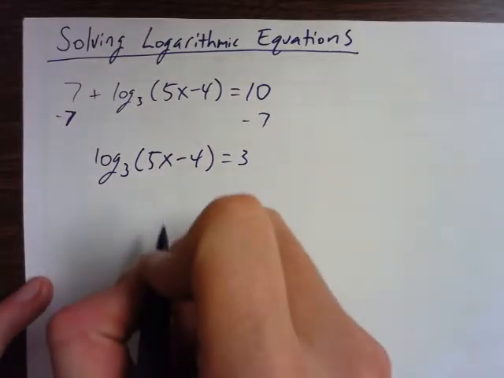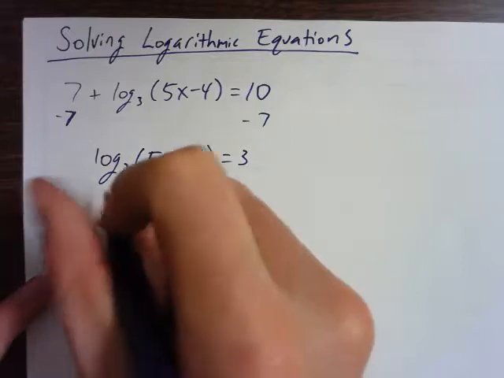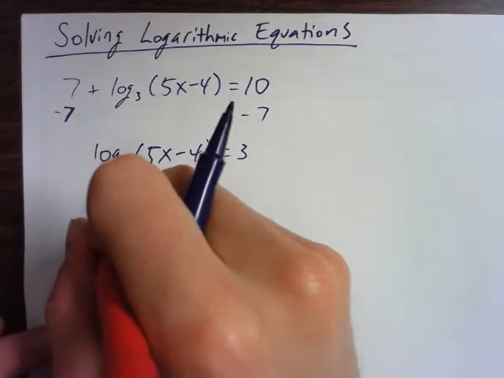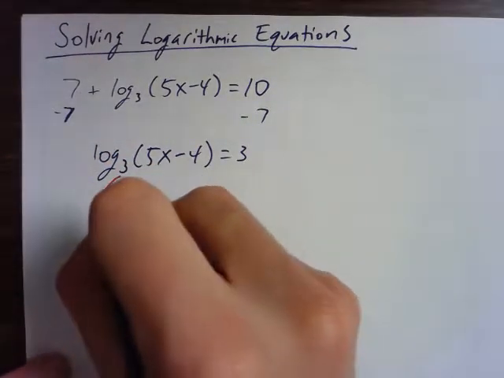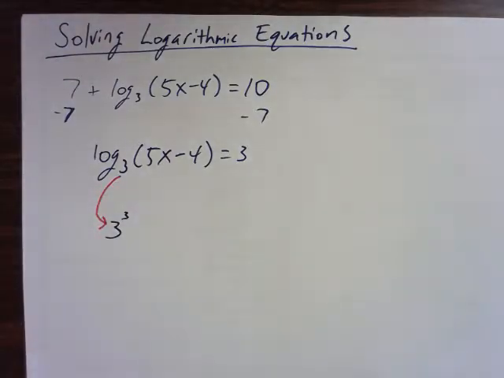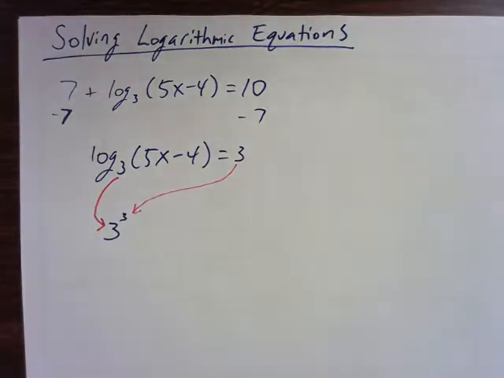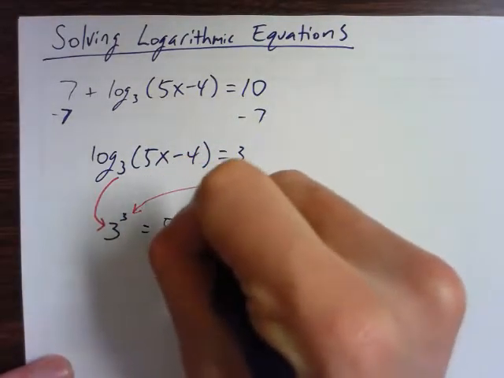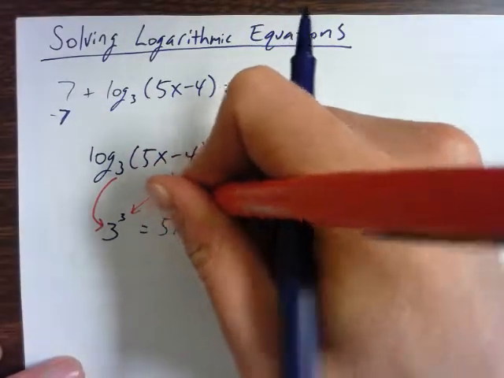So I can say that my base is 3, to the third power, and that 3 will be my answer over here. And that all equals 5x minus 4, which is obviously just from straight down.